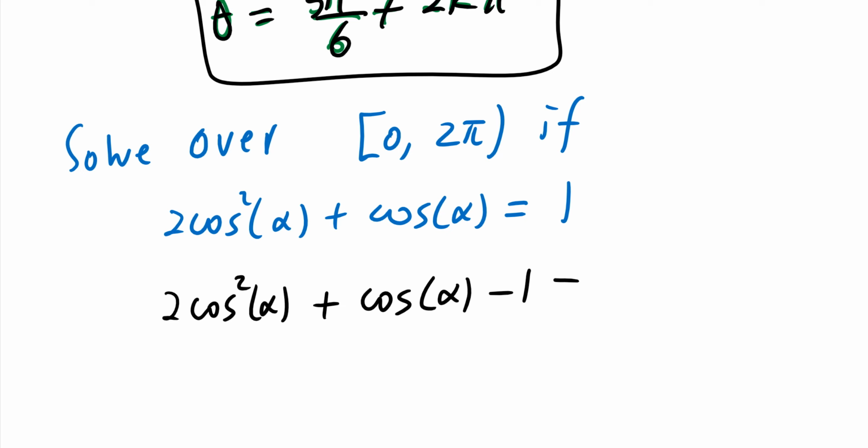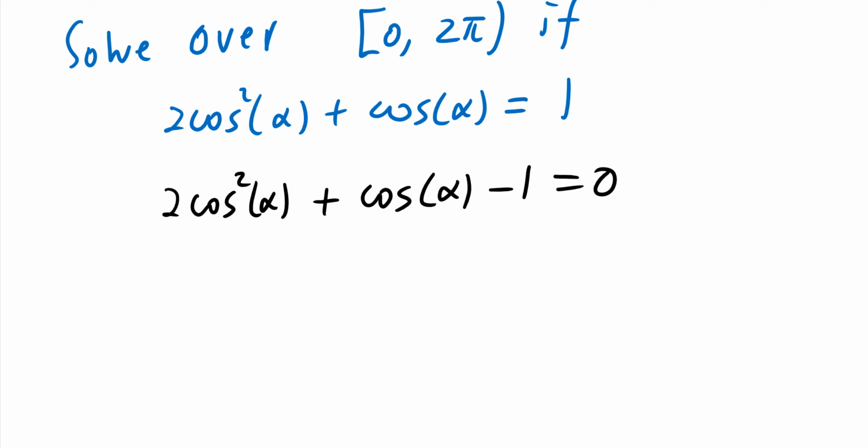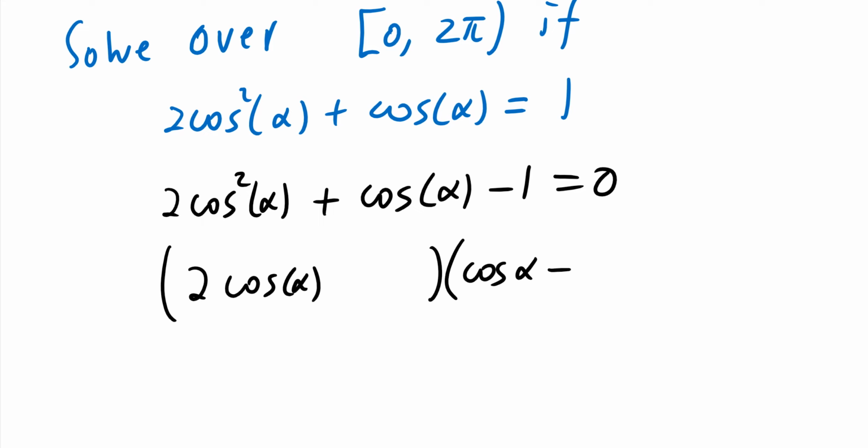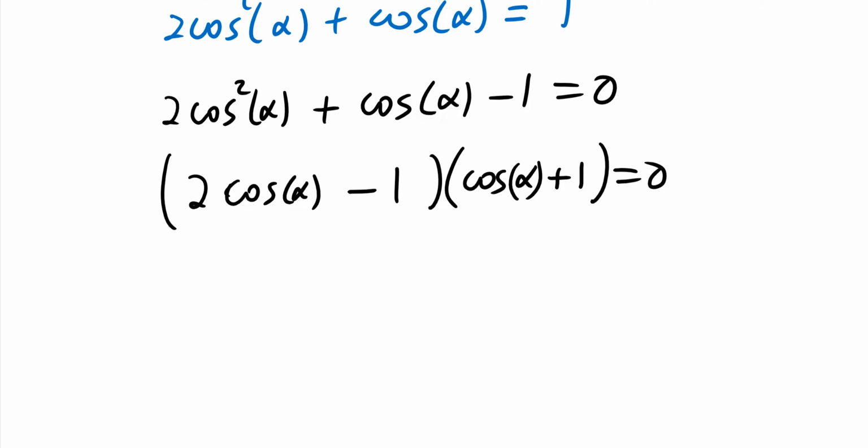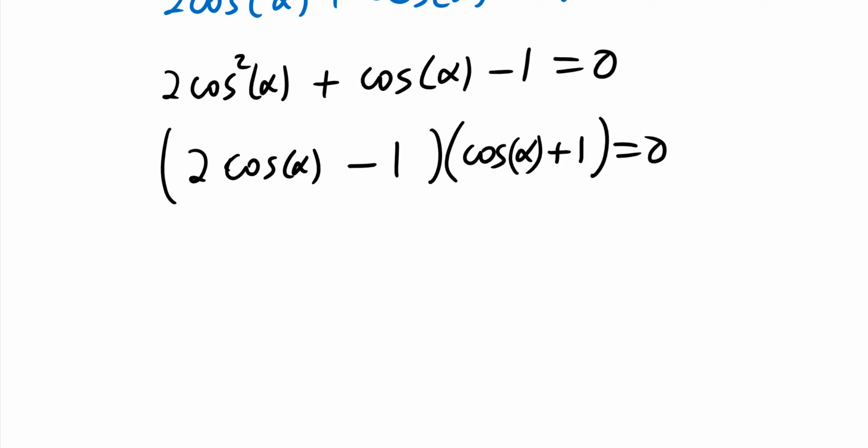So subtract 1 on both sides. Then we need to do factoring here. 2 cosine alpha minus 1 times cosine alpha plus 1. So then that works. If you test negative cosine alpha and 2 cosine alpha, add them up, that gives me the middle one. So this thing tests fine.